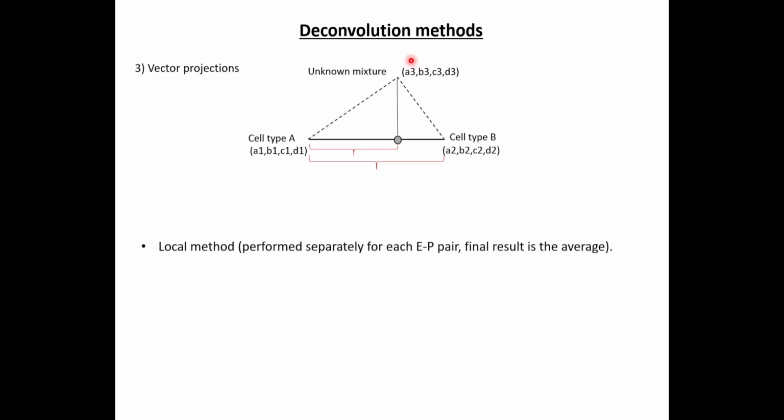In order to find the mixing ratio, the difference between the test vector and one of the training vectors is projected on the difference between the two training vectors. The proportion of the size of the projection out of the size of the vector connecting the trains is the mixing ratio with respect to sample B. The final reported result would be the average over all enhancer promoter pairs.